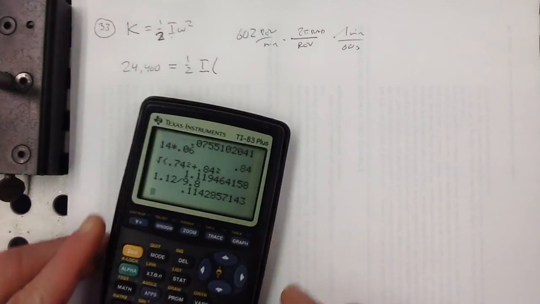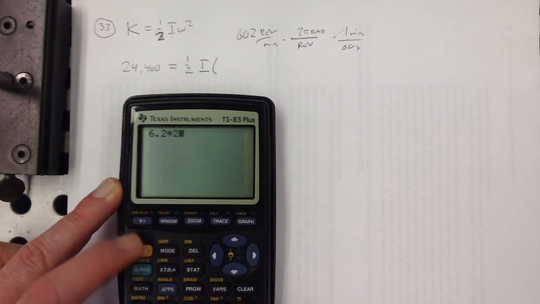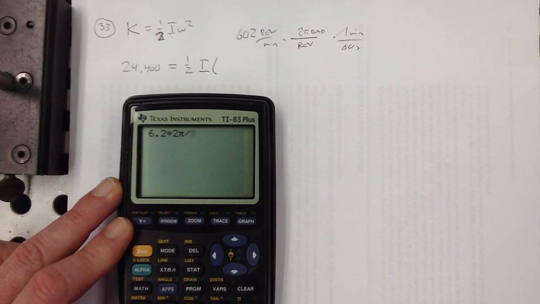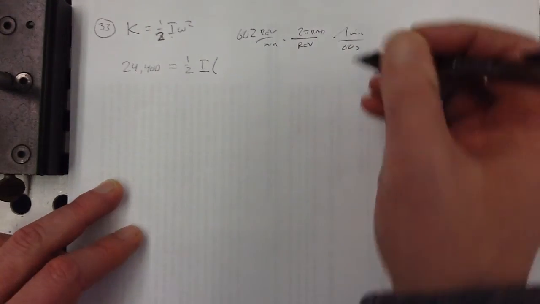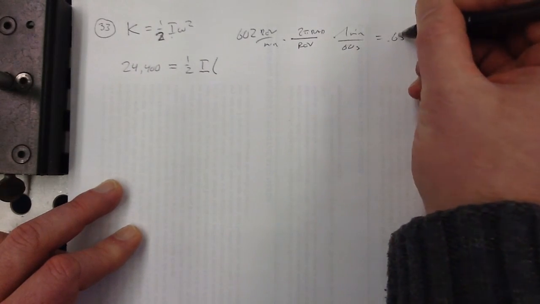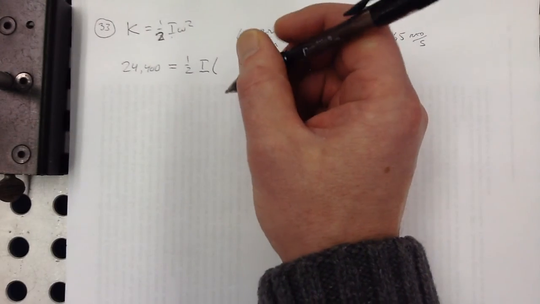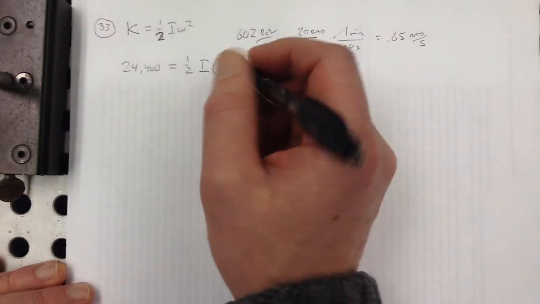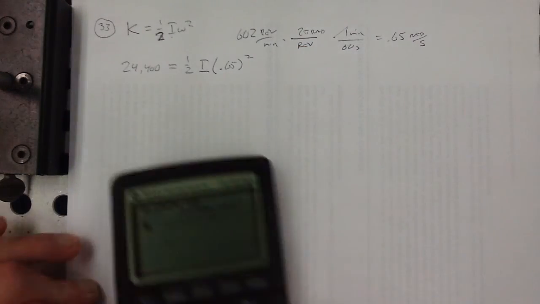So we've done this a few times before, right? 602 times 2 pi divided by 60, about 0.65 radians per second. And you got to square that.